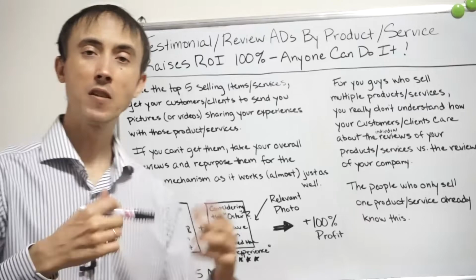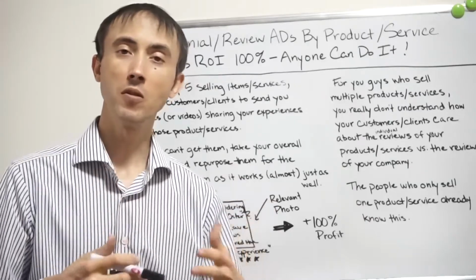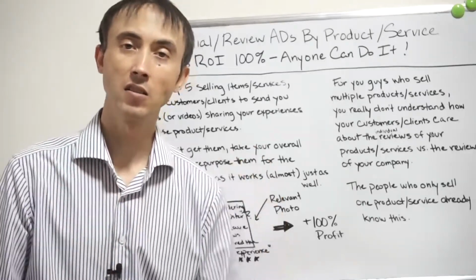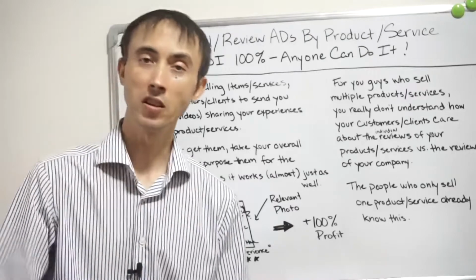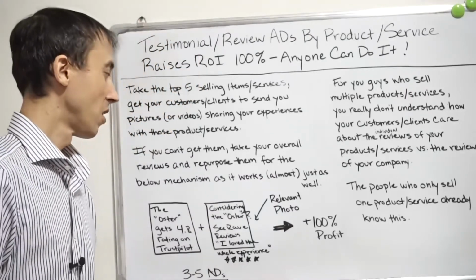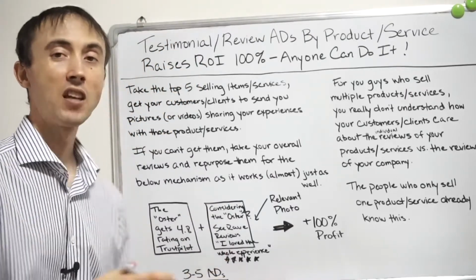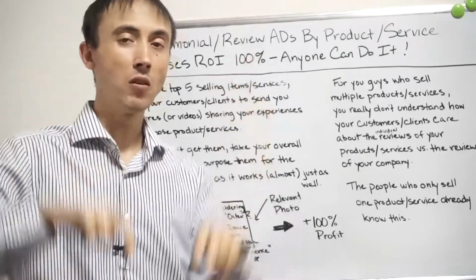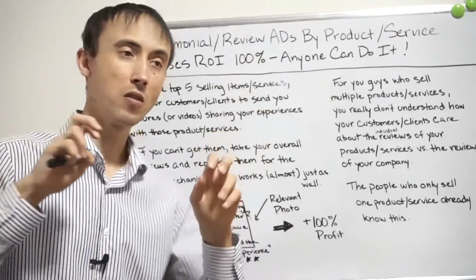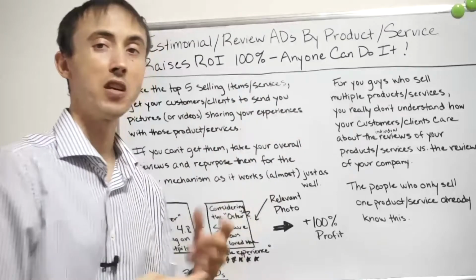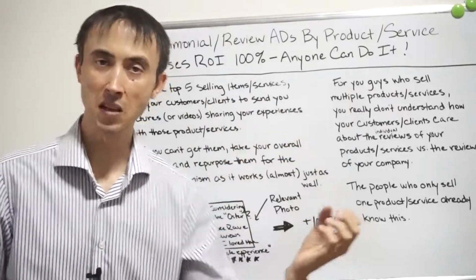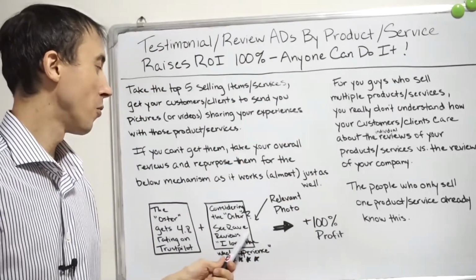If you don't have the testimonial or review that you want per product, or just say testimonial in this particular case, then what I'll do on my ad to make it even more quote-unquote believable, which is what goes into seeing how powerful each one of these ads will actually be, I'll do a relevant image.